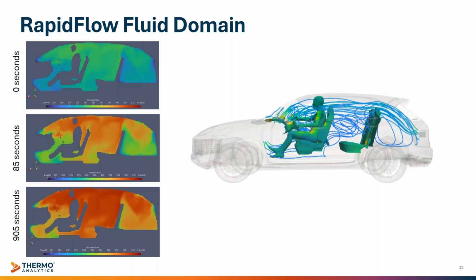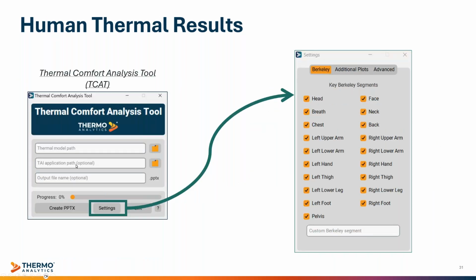If you don't set the path to your executable, it will only read results from the text files instead of getting any data from the TAITherm model. So it actually won't consume any licenses at all. All this currently does when you set the application path is it grabs an image of the human geometry. So you can basically get all of the results that TCAT provides without using any kind of licensing.